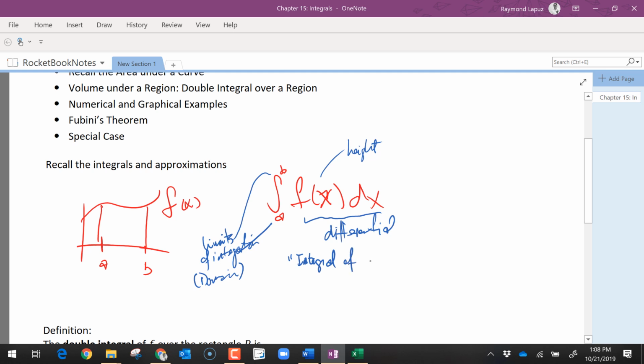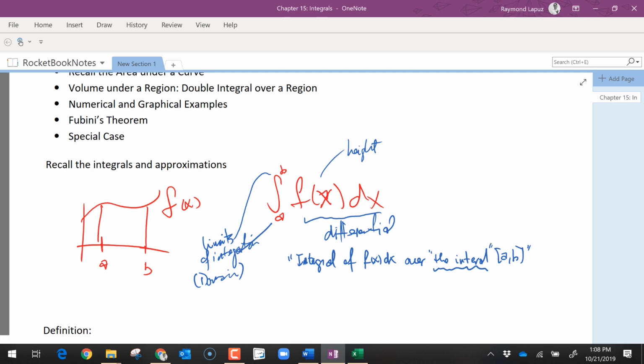Integral of f of x dx over the interval ab, and the interval we can actually take out, so just say the integral over ab.